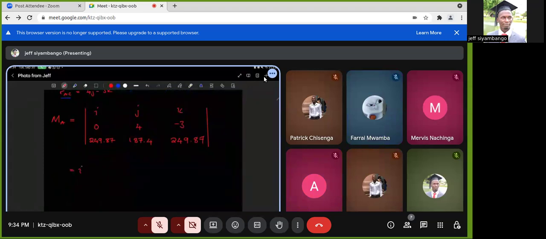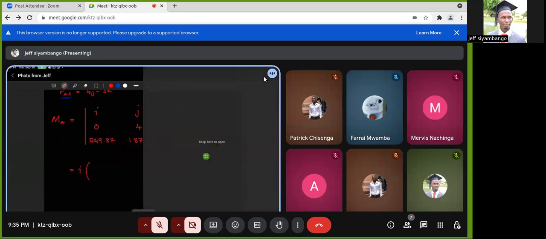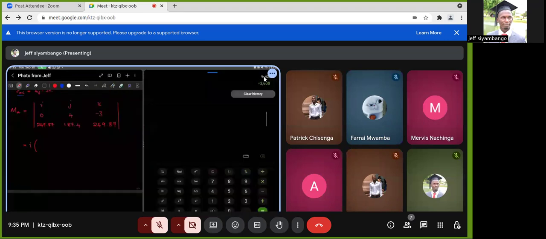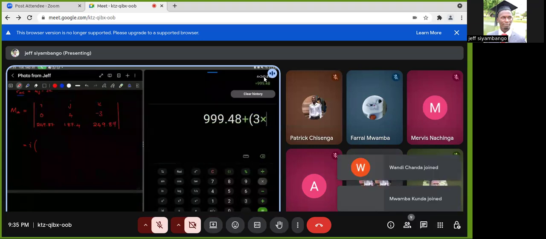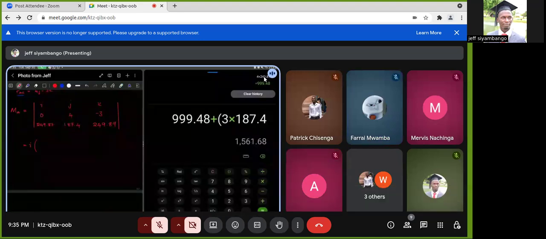When we get i, it's going to be 4 by 249.87, and minus, but there's a negative there again, so it will end up being plus in the end, 3 by 187.4. So this is 1561. Then we get minus j.